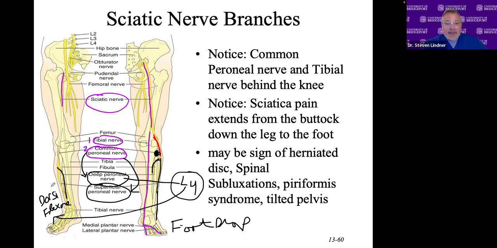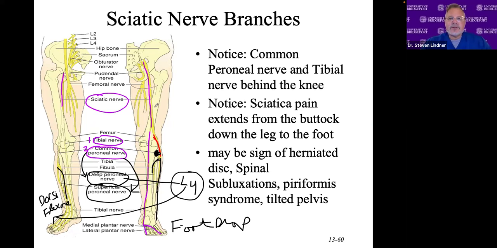So if there's damage at the L4 nerve root in the lower back, maybe you have a misalignment, maybe you have a herniated disc or a bulging disc, that can create a foot drop condition. If there's weakness to the tibialis anterior, maybe the dorsiflexors are weak because the deep peroneal nerve isn't sending the juice that it needs to there. But that deep peroneal nerve comes from the lower back at L4.